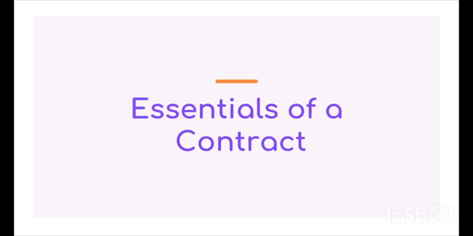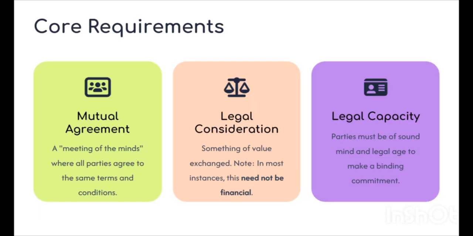Next, we need to delve into the essentials of a contract. We have three core requirements: mutual agreement, legal consideration, and legal capacity. Let's start with mutual agreement, a meeting of the minds where all parties agree to the same terms and the same conditions.